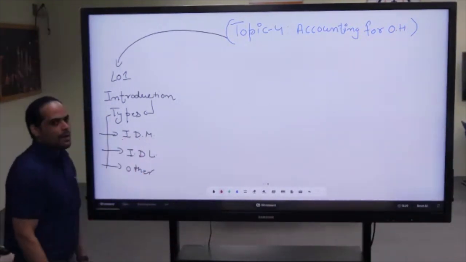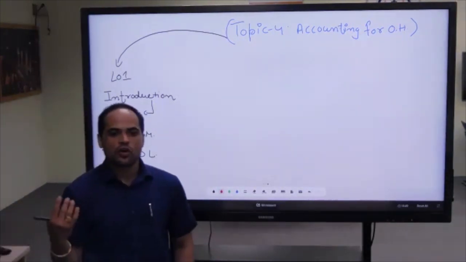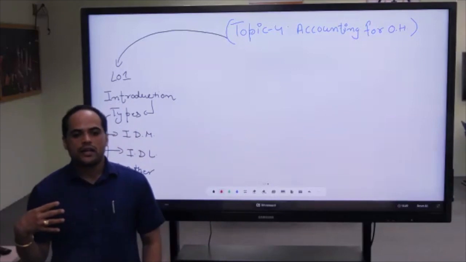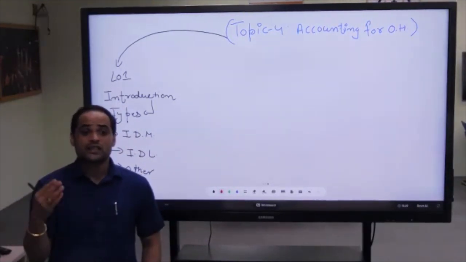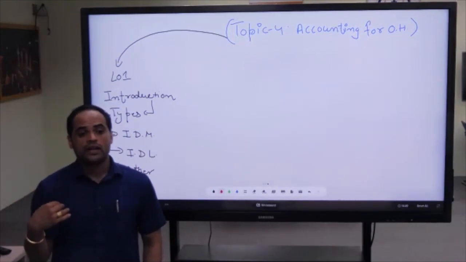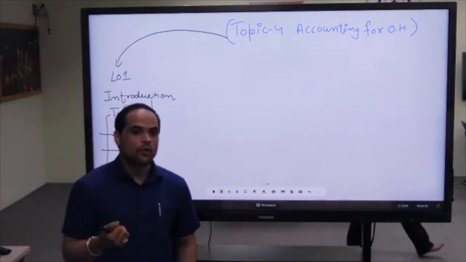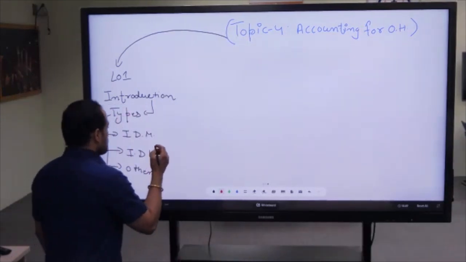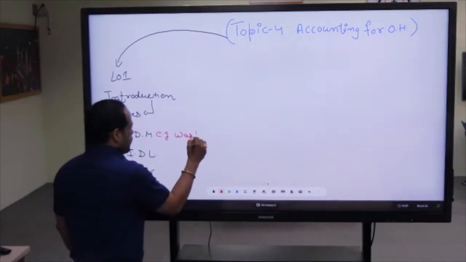The best example of indirect material is any kind of material cost indirectly involved in production, called indirect material cost. The best example of indirect material cost is wastage.